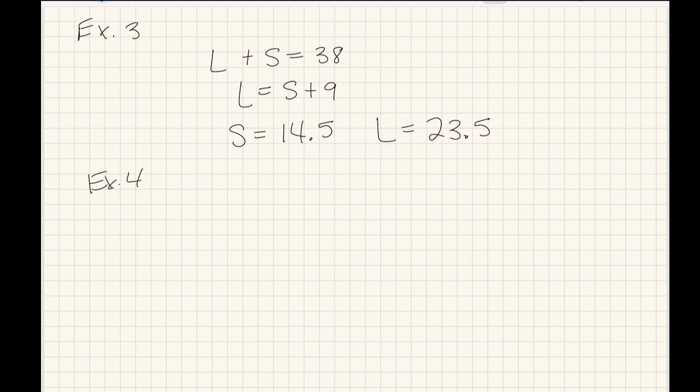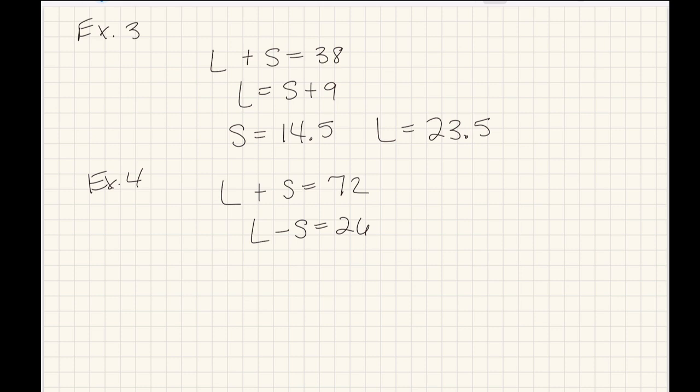Example number 4. The sum of 2 numbers is 72. The difference of the numbers is 26. What are the numbers? So we have the large number plus the small number equals 72. We also know that the difference of the 2 numbers is 26. So L minus S is equal to 26, because remember, when you are subtracting, it's called the difference.